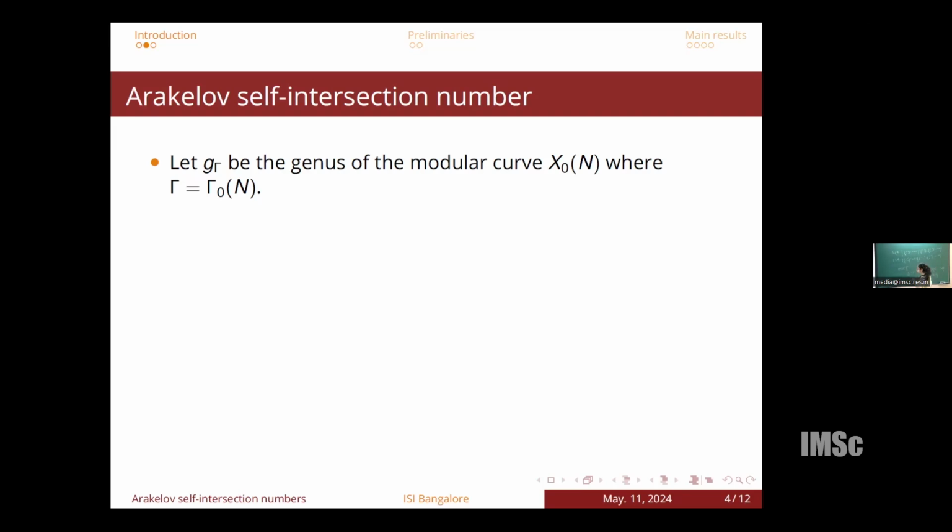This way you can exactly compute the genus, and for this particular group Γ0(n) you can use this formula to get its genus.